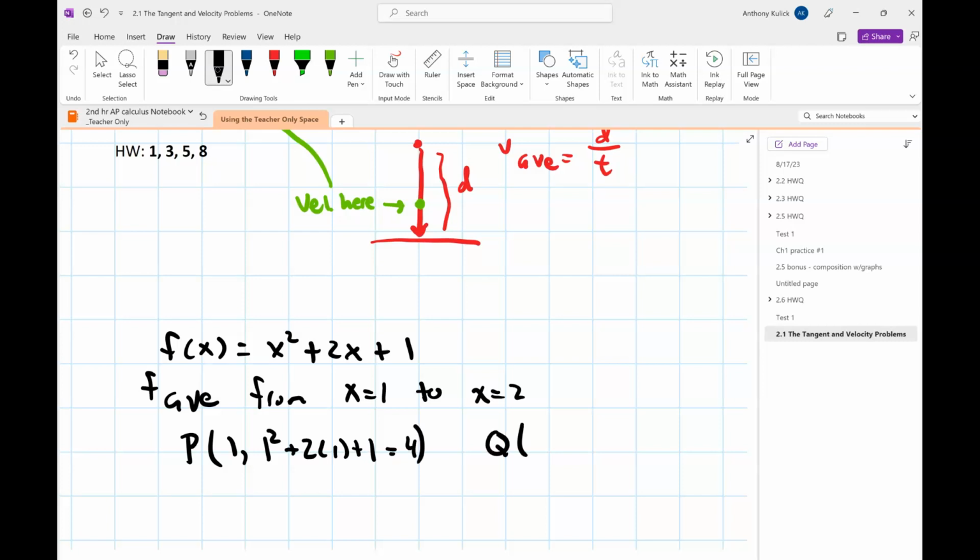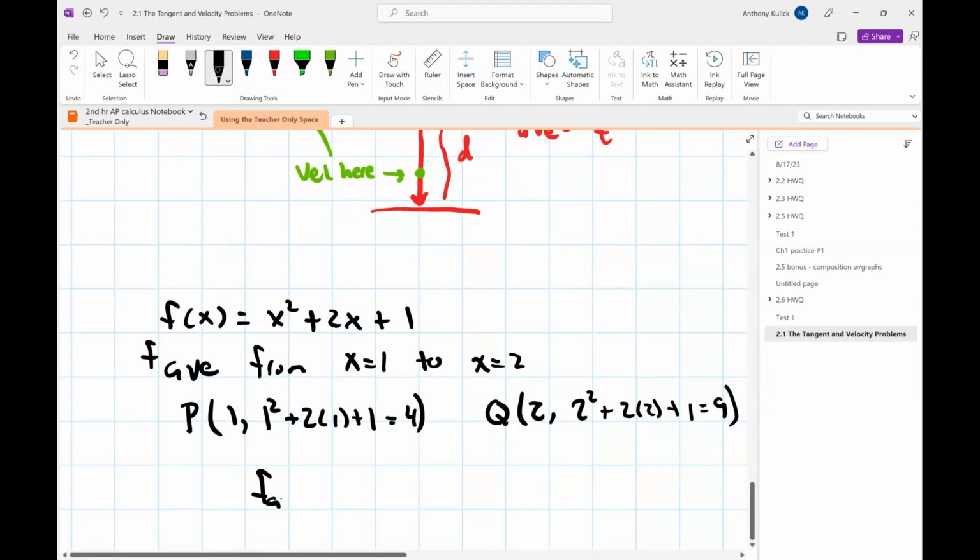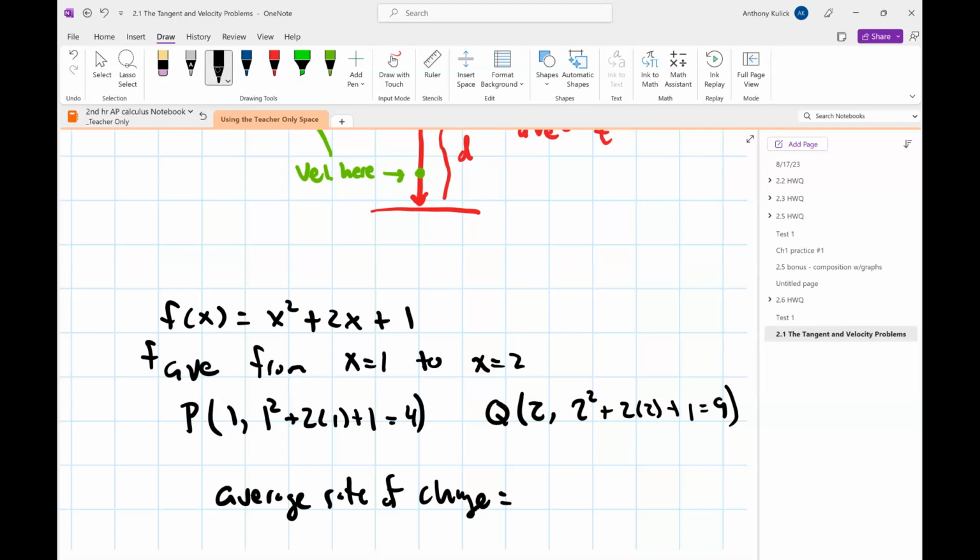And our other point is going to be (2, 2 squared plus 2 times 2 plus 1), which is 4 plus 4 plus 1, 9. So my average rate of change is going to be the slope of PQ. Just 9 minus 4 over 2 minus 1. Just the slope formula, rise over run. So that's 5.